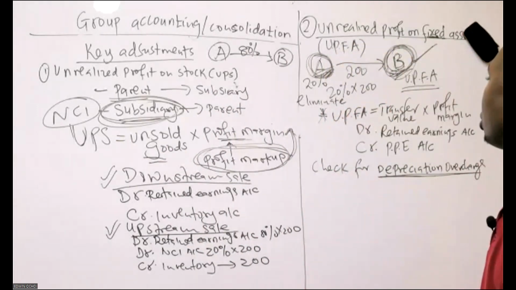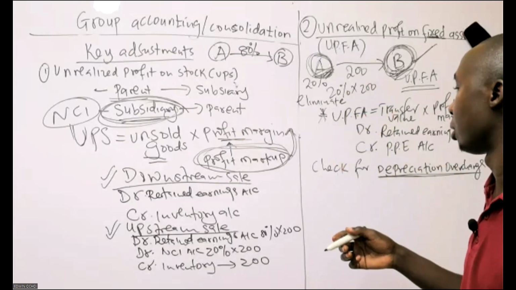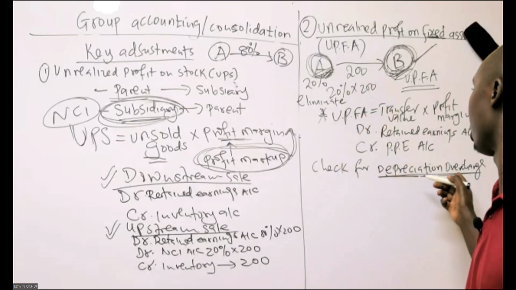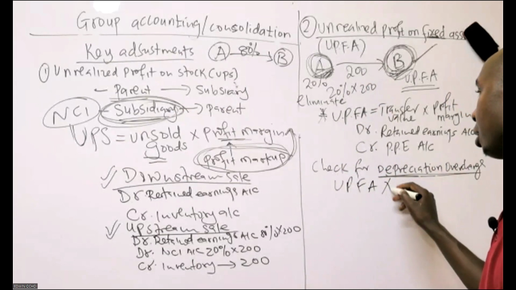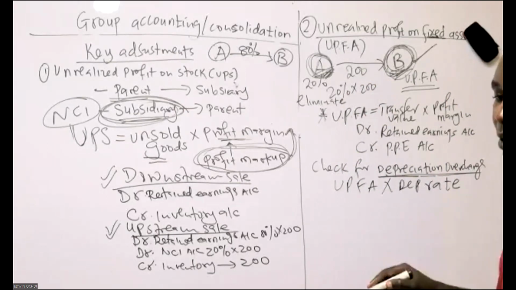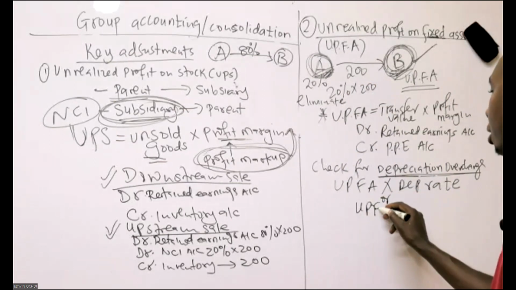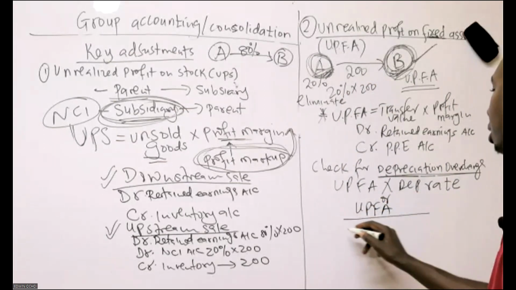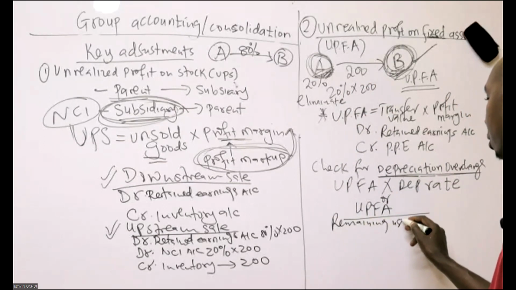So you have to check for depreciation overcharge, of which you will be given the percentage of depreciation. So this depreciation overcharge will be based on the UPFA times the depreciation rate, or the UPFA divided by the remaining useful life.